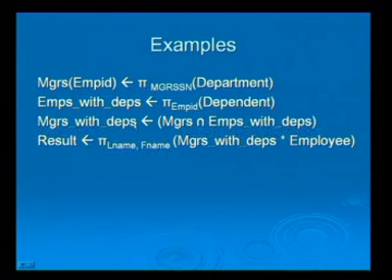We want the names. So, to get the names, you join this managers with dependents relation with the employee relation, and from that you project the last name and the first name, and this result relation will give you the names of the managers who have got dependents.